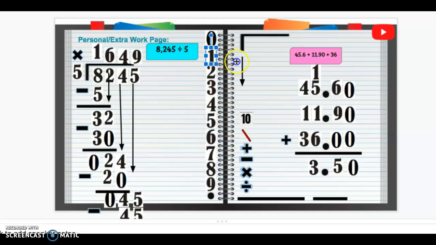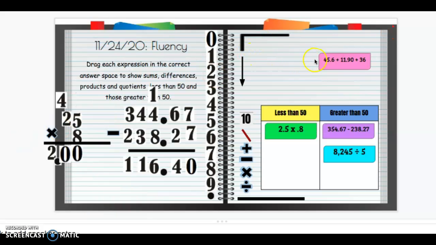Put your 3 down, bring up your 1. 4 plus 1 is 5. 5 plus 1 is 6. And then 6 plus 3 is 9. So you have 93.50, which is greater than 50. So you put that on your greater than side.